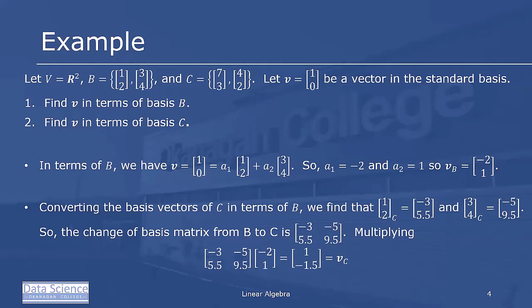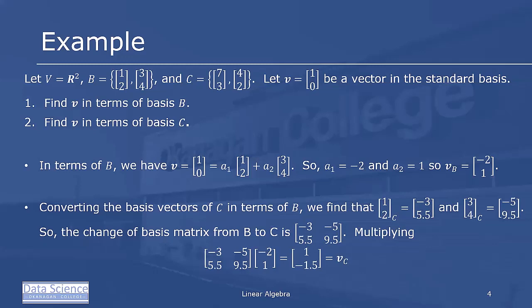Alternatively, we can convert the basis vectors of B to be in terms of C, and then multiply by our change of basis matrix. So if we put basis vector 1, 2 in terms of C, we get -3 and 5.5. If we put 3, 4 in terms of C, we get -5 and 9.5.